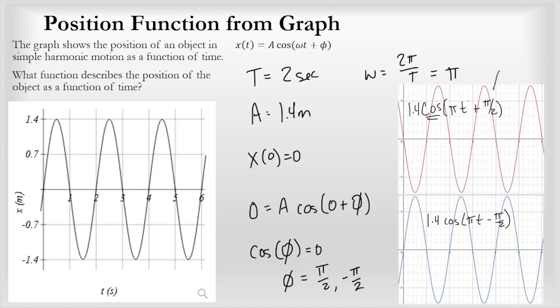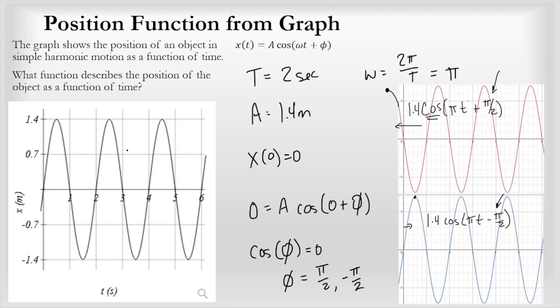So this means that it was shifted 90 degrees to the left, which makes sense. It's not shown here, I didn't put it on here, but here's cosine, and you can see that this whole graph from cosine was shifted to the left 90 degrees. As opposed to down here, where here's cosine, it usually starts here, and it's been shifted to the right 90 degrees.